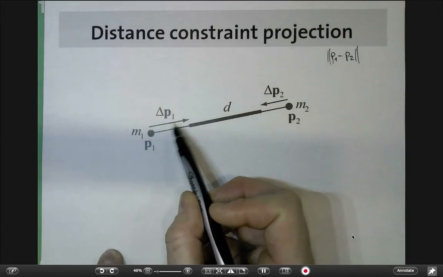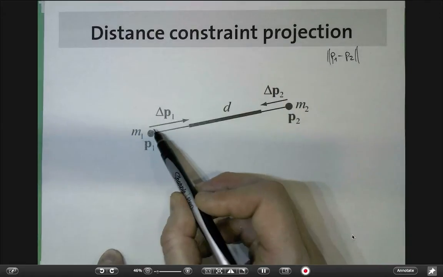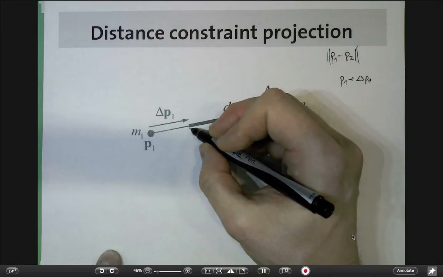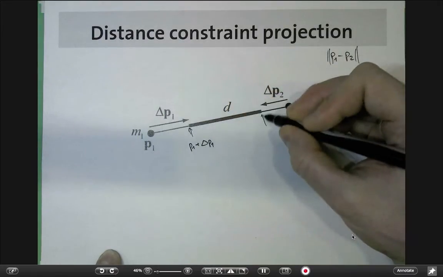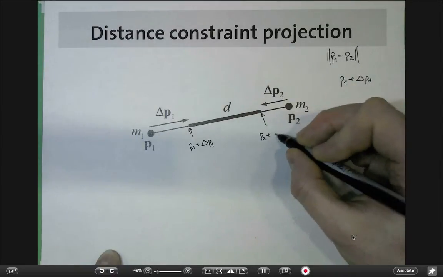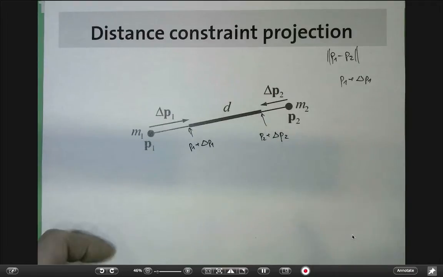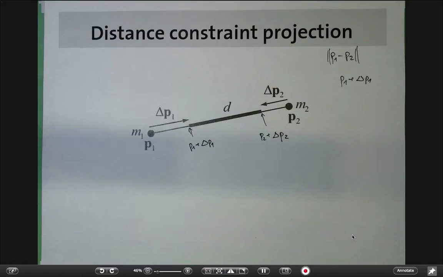And then computes the displacements delta p1 and delta p2 such that after doing p1 plus delta p1, and here, of course, p2 plus delta p2, the distance between these 2 points is now exactly d, which means that the value of the constraint at this new state is exactly 0. The constraint is exactly satisfied. Just like Gauss-Seidel, it exactly satisfies one of the equations.